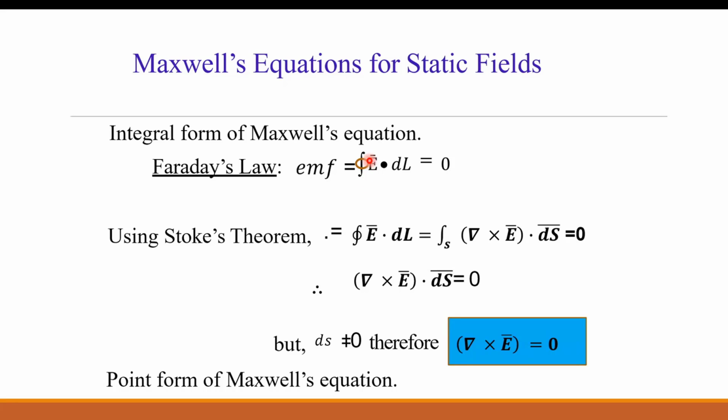The EMF induced in a loop when magnetic flux is changing in the vicinity of it is equal to 0. If the path is closed, then this E dl will become 0. If the path is open, or if we are able to take the voltage outside, then it has some value.